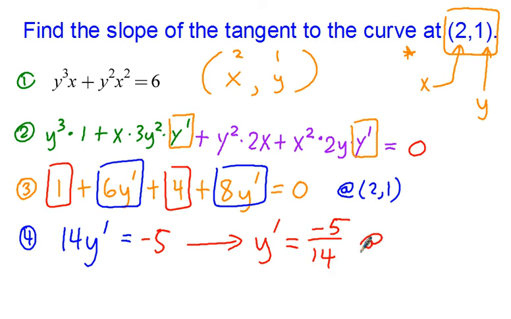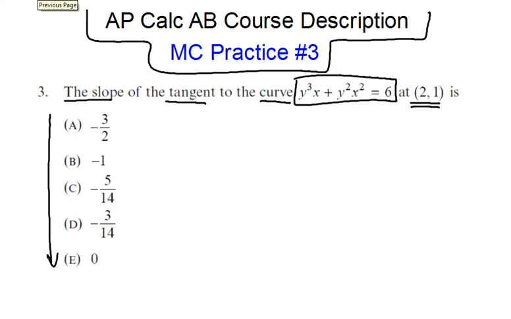Okay, and again, this is the slope of the curve at (2, 1). So that's the slope at (2, 1), negative 5/14. So we'll choose that answer, and as far as the AP test, we are done.